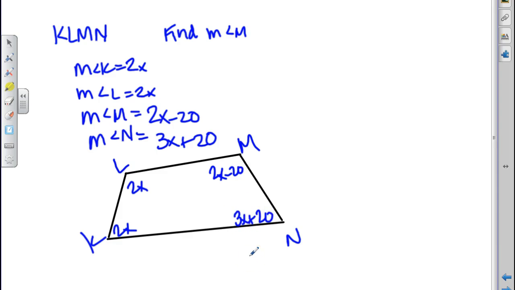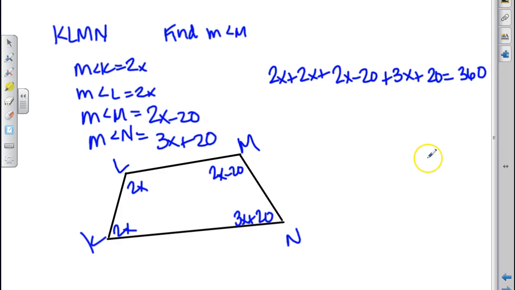All right. So what do we know about these interior angles? The sum of all 4 angles has to be equal to 360 degrees. All right, so we need to add all of our x's, combine our like terms here.